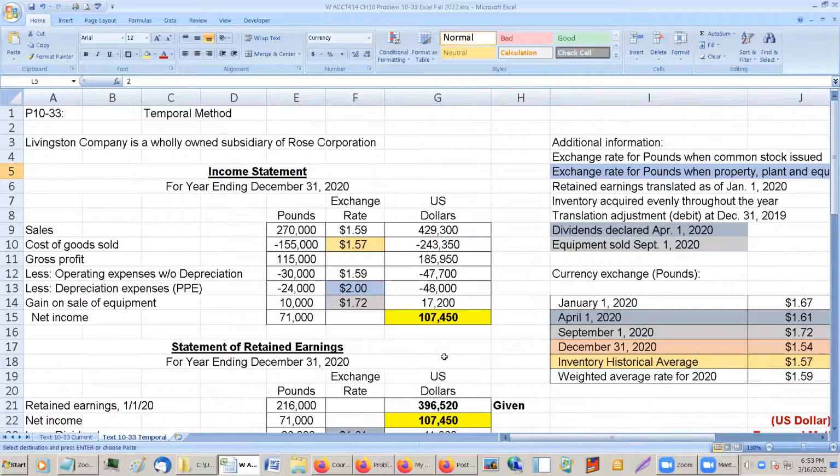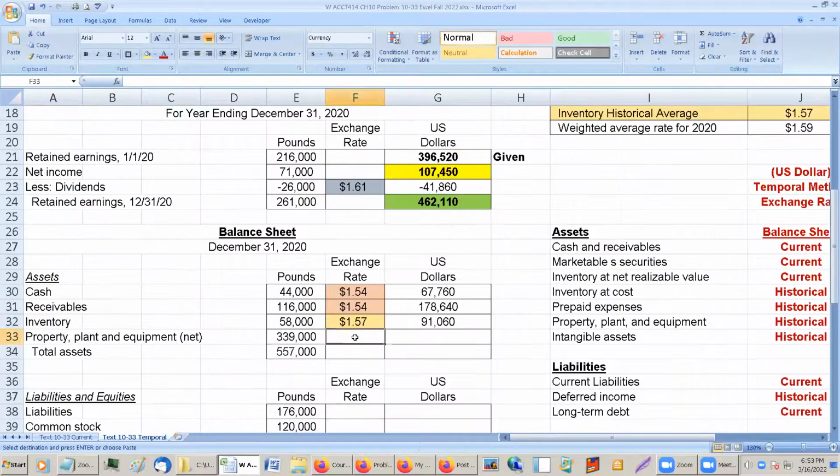It is weird. Here's the thing about the historical rates: there's going to be a lot of times there are historical rates for many different things, so there isn't just one historical rate, which is confusing. But okay, so this would be our total assets.